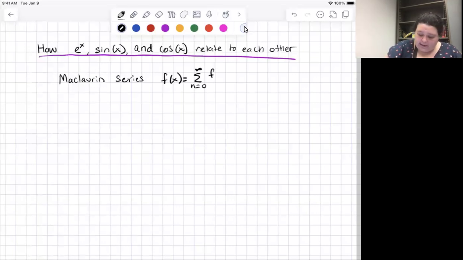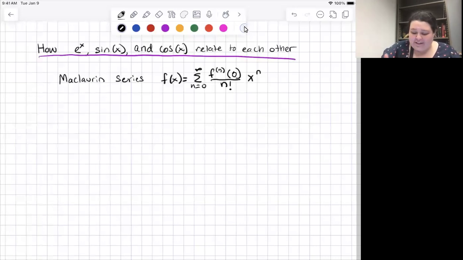So we can say that some function f of x is going to be the sum of the nth derivative of f at some value. In this case, since it's a Maclaurin series, it's at the value 0. And we divide by n factorial and multiply by x to the n.